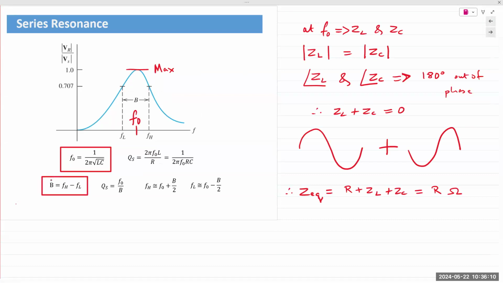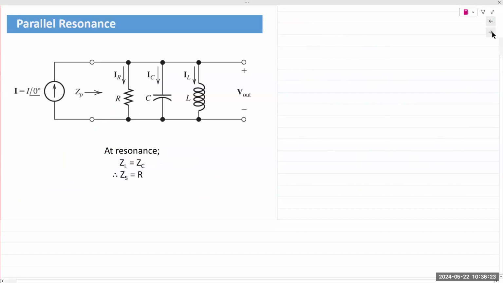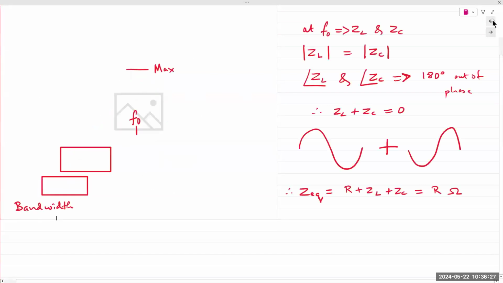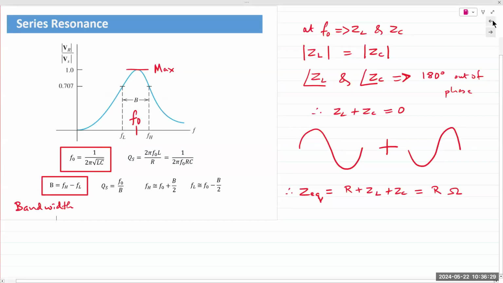Bandwidth is simply the difference between the two frequencies: FH minus FL.